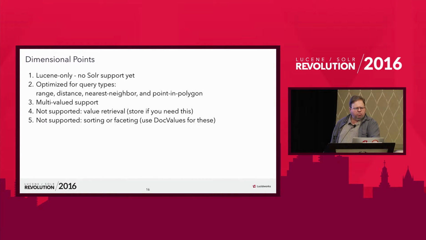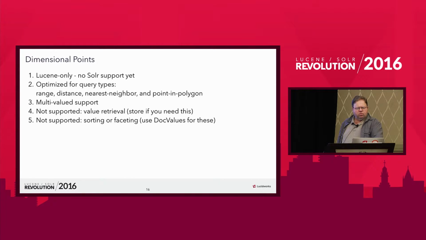At this point, points, which some people sometimes call dimensional points, and these terms, I guess, are used interchangeably, are Lucene only, so there's no Solr support. There is a Solr issue on which Tomás Fernández Löbbe is doing some work, and I'll mention that later, but at this point, there's no released Solr support.